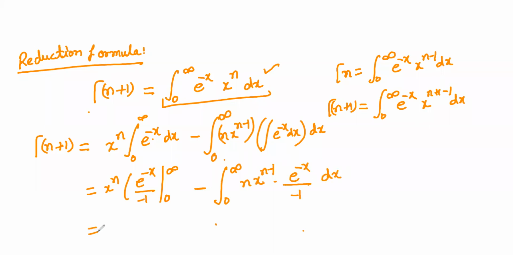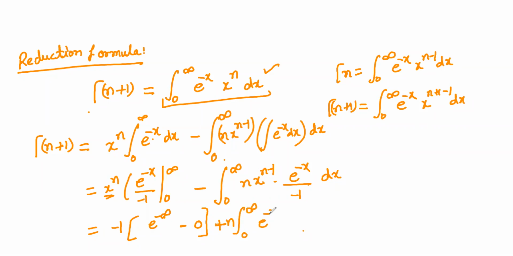See, now this is minus 1. The first limit is infinity, so e raised to minus infinity will come into the picture, that is 0. And when 0 comes, this will be 0, isn't it? When you put the infinite limit in the multiplication of these two, infinity times e raised to minus infinity, e raised to minus infinity will dominate. Then when we put limit 0, 0 to the power n will be 0. Minus this, minus minus will be plus, integration from 0 to infinity, n will come out.